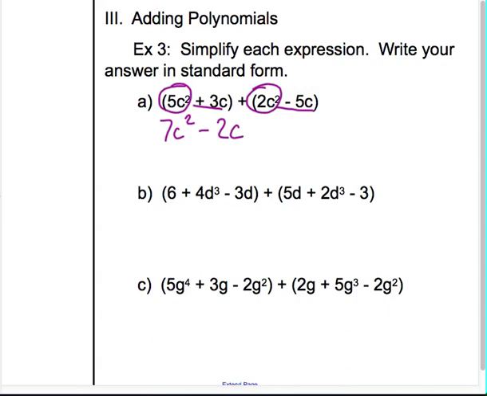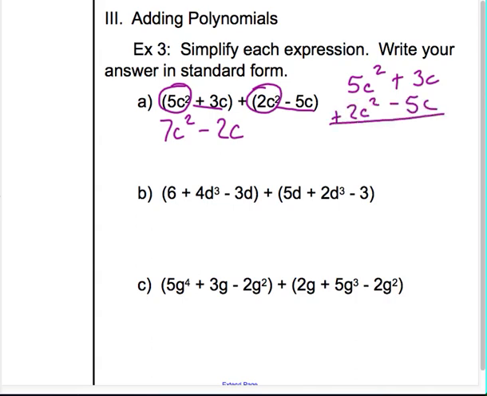So that's taking a look at adding it horizontally, is you just look for your like terms and add them together. For those of you that need a little bit more structure, like I said, you can put them one on top of each other, line them up vertically. So again, line them up so that they're in standard form. My first polynomial, my first binomial, it's got two terms, is already in standard form, and so is my second one. So I'm just going to line them up the way that I see them.